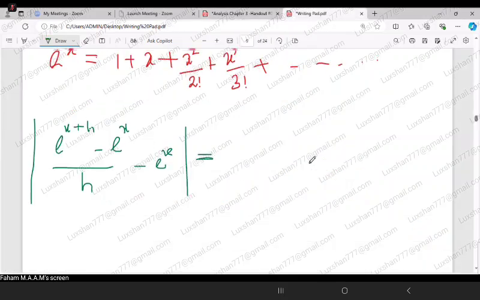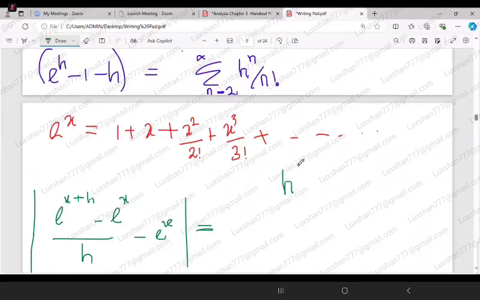But again, one more thing: if h is less than or equal to 1, then mod of h to the power n is always less than or equal to h squared.